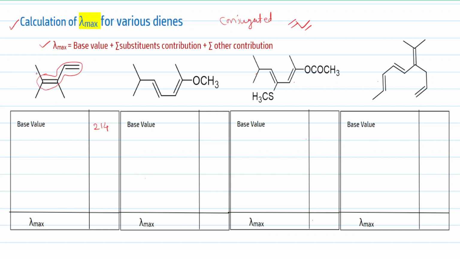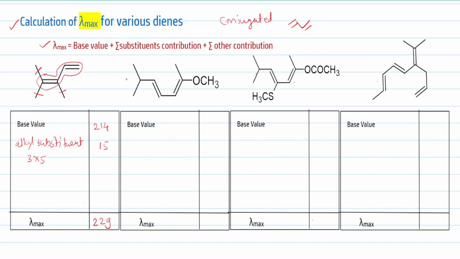Just count them: this is the first, second, and third. Three substituents are present, so 3 into 5 is equal to 15. Other than this, there is no substituent and no exocyclic double bond. So we just add these values, and we get 229 nanometer. This is the lambda max value for this compound.